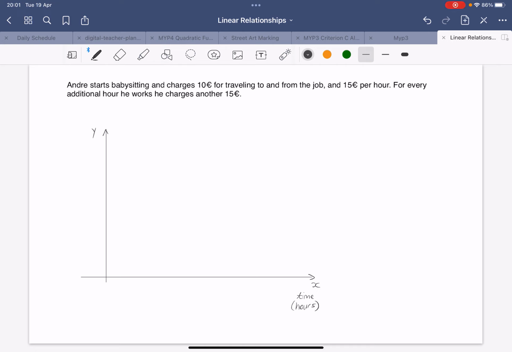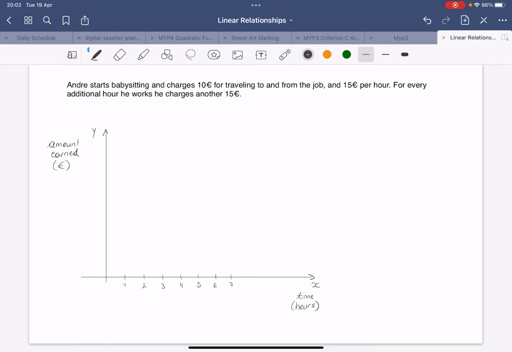And on the y-axis goes the amount that he earns in euro. So let's start here. 1, 2, 3, 4, 5, 6, 7.